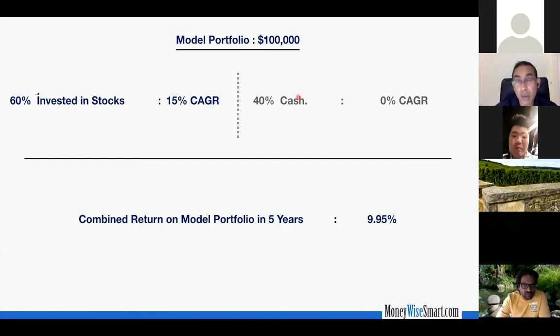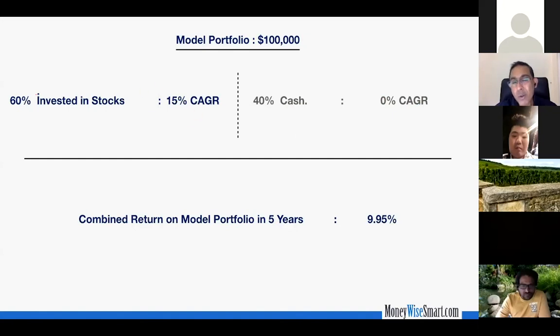Like, for example, I want to buy Facebook, and Facebook share price is higher, and I'm waiting to buy Facebook at $220. So I have kept the cash aside. However, please understand that I have no control on the short-term mood swings of Mr. Market, right? I have no idea whether I'm going to be able to buy Facebook at 220. And if I'm unable to deploy, this cash is generating 0% CAGR.